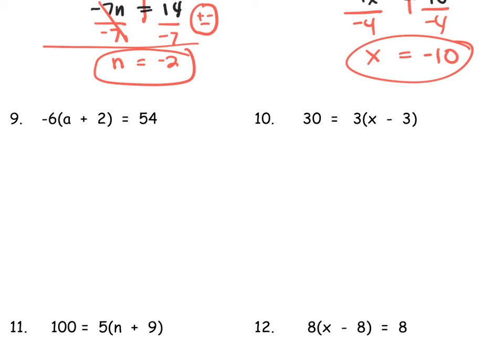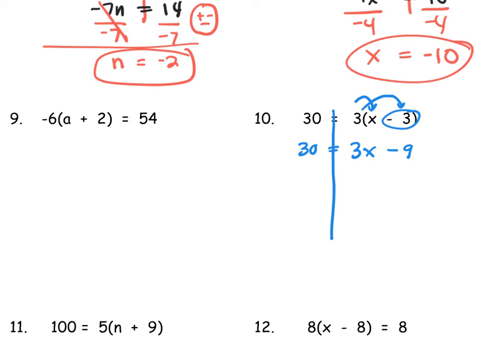So I'm going to use the distributive property, and this time I have to start on my right side because that's where the variable is. So I'm going to start: 3 times x is 3x. 3 times negative 3 is negative 9. So that ended up on my right side, and on my left side is 30.